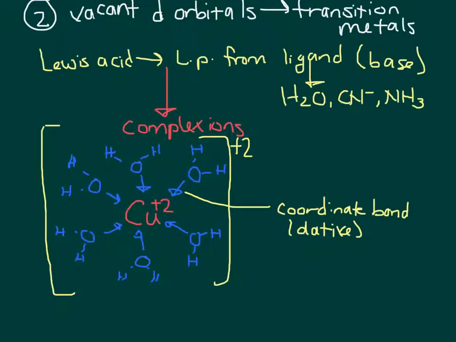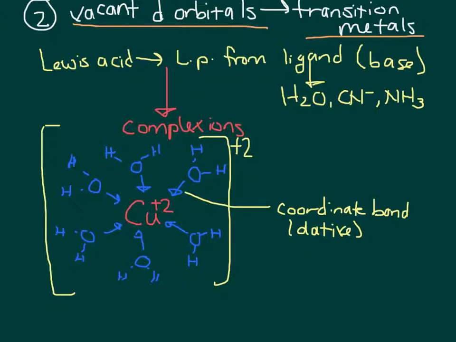The other way is vacant d orbitals. Up to this point, we have been working with all covalent compounds. We have noticed certain things occurring with ionic compounds. It's not really ionic compounds, it's just ions, specifically ions in the transition metals that carry some acidic properties that were not expected.